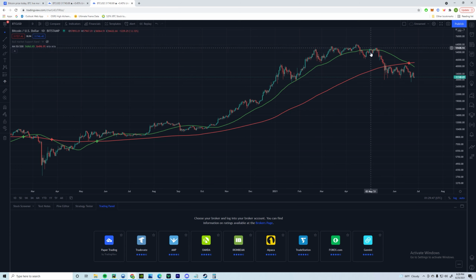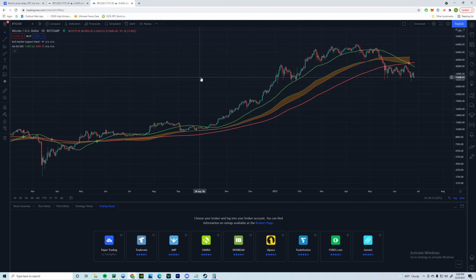And then, as we saw before with the bull market support band, right around this time right here, we crossed below the bull market support band. We had a death cross, and we've been going down ever since. So one other thing that you can do is use several indicators in confluence with each other to confirm what you think is happening.